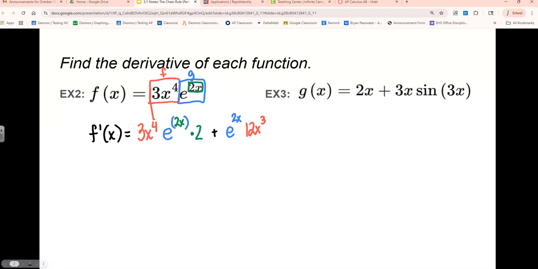They'll do a little simplifying on this, clean it up a little bit. So you've got 3x to the fourth right here, which could be multiplied with that 2 right there. So that'll be 6x to the 4th e to the 2x plus 12x to the 3rd e to the 2x.